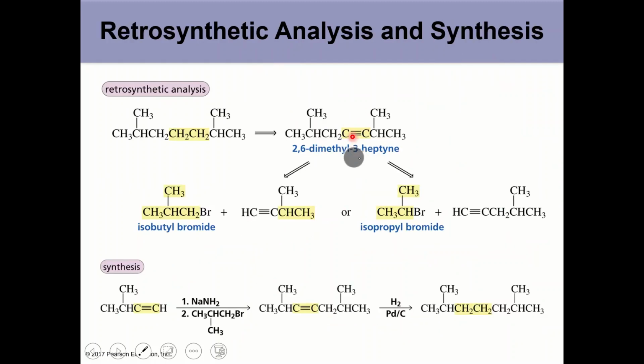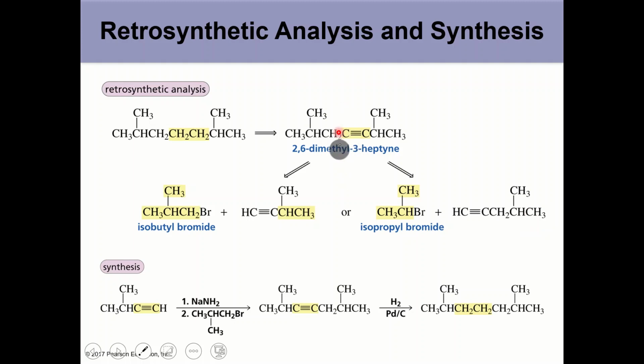So if the alkyne is at this position and they break it on the right side, then we're going to have our alkyl halide as the isopropyl bromide and our alkyne as this 4-methyl-1-pentyne.